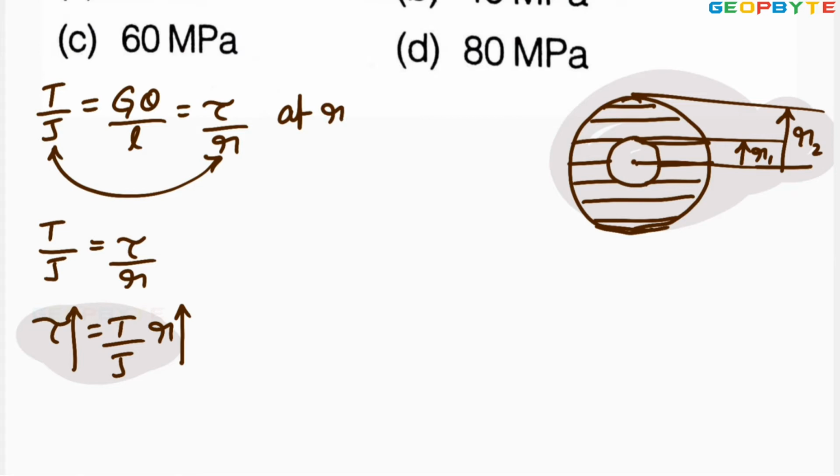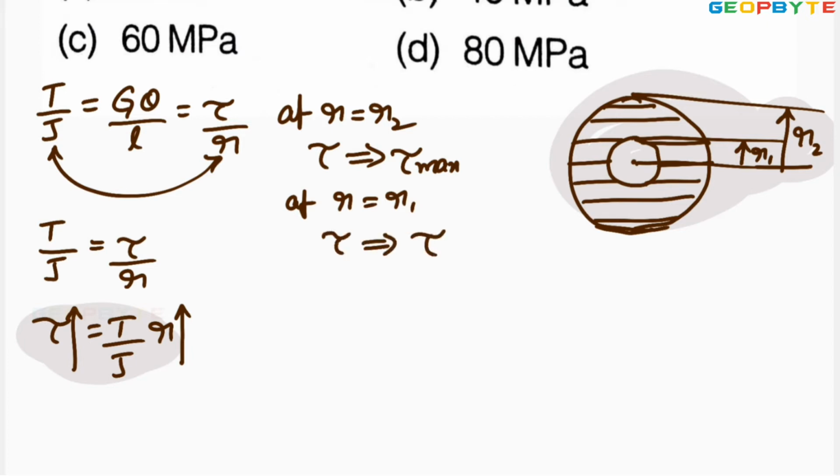At R equal to R2, shear stress becomes the maximum shear stress. Similarly, at R equal to R1, that is at the inner radius, the shear stress will become the minimum shear stress. From this, the conclusion is maximum shear stress is developed at the outermost layer, minimum shear stress is developed at the innermost layer of the hollow shaft.